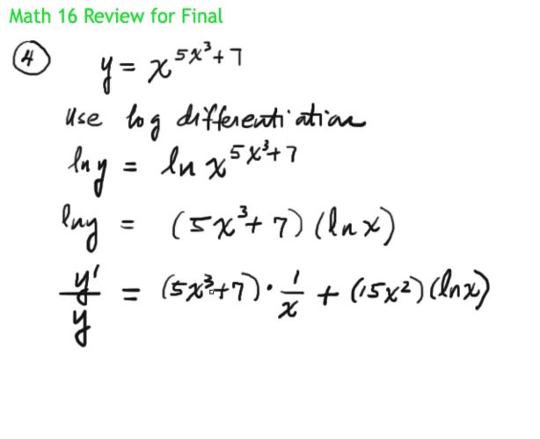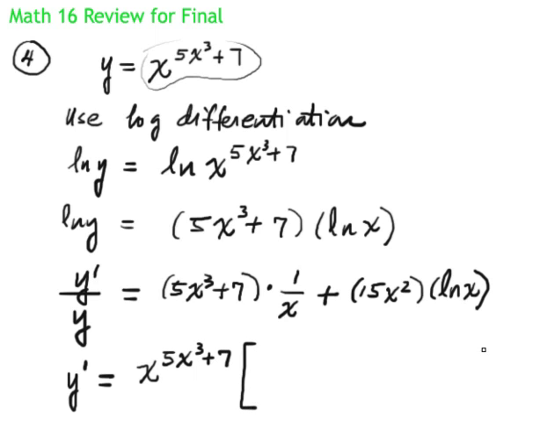Okay, and now we want y prime, not y prime over y, so multiply both sides by y. So we're going to have here y times this whole expression, and I'll write what y is equal to in terms of x. Okay, so here we have x to the 5x cubed plus 7 multiplied by the line above.